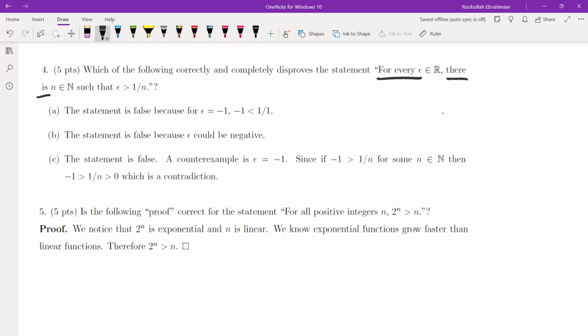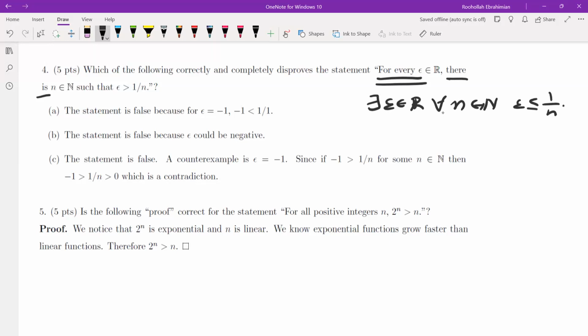So in order to disprove this, you have to provide an example of epsilon and then show that for every n, epsilon is less than or equal to 1 over n. This is what you need to show.